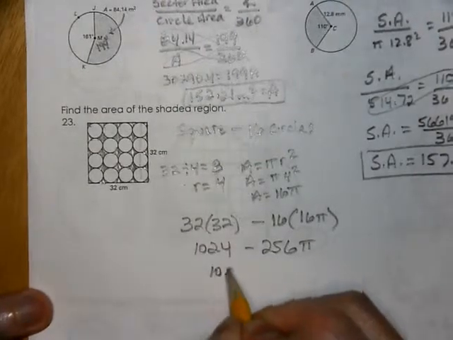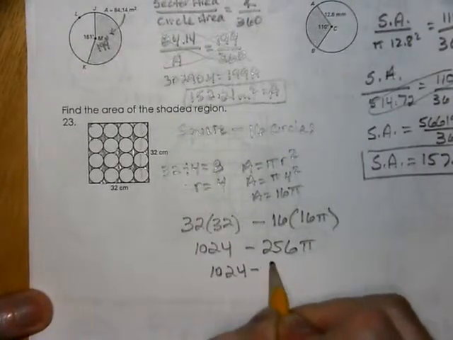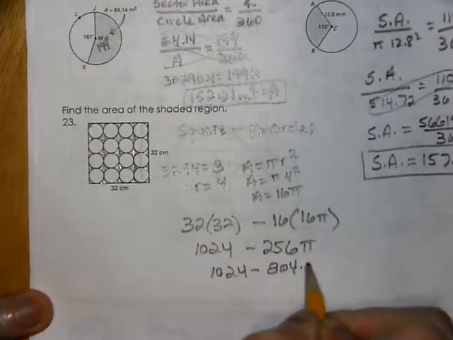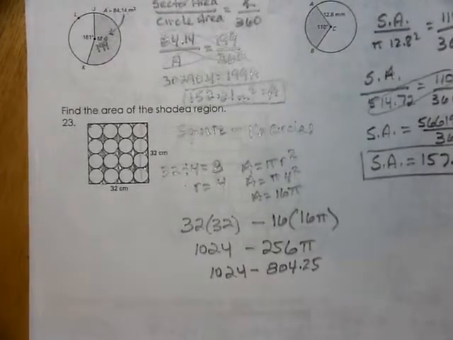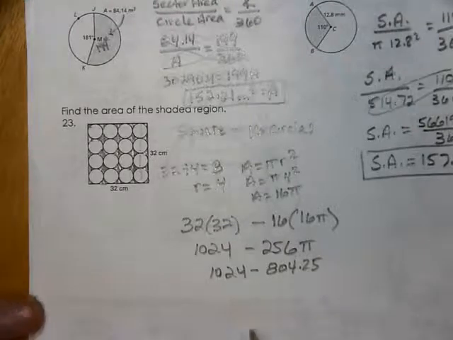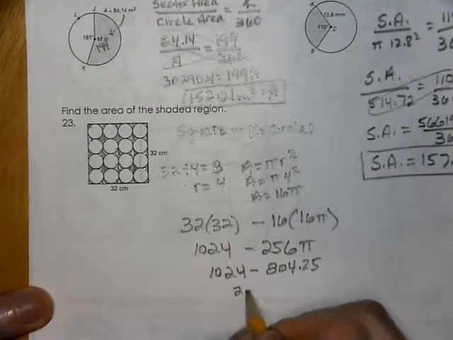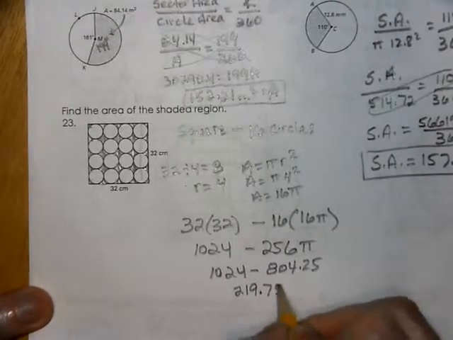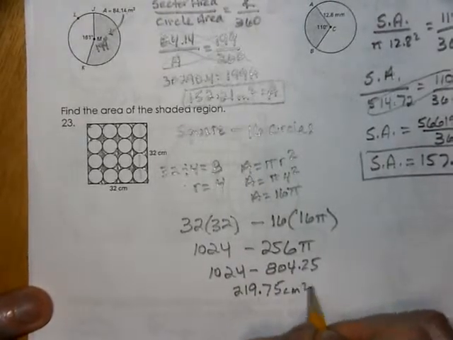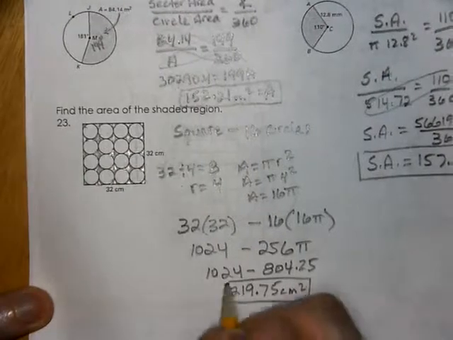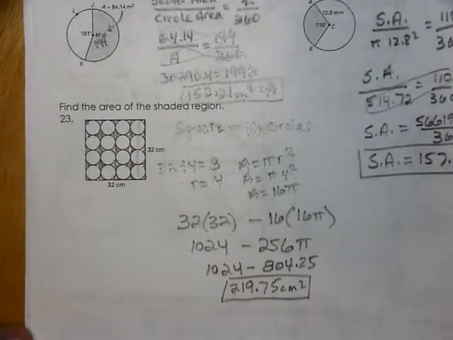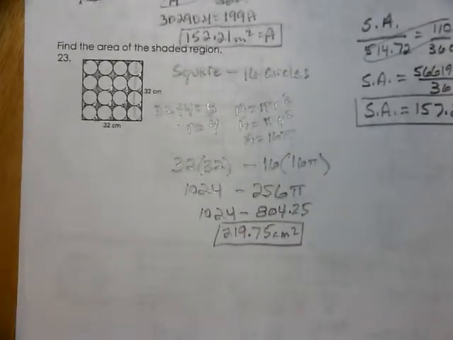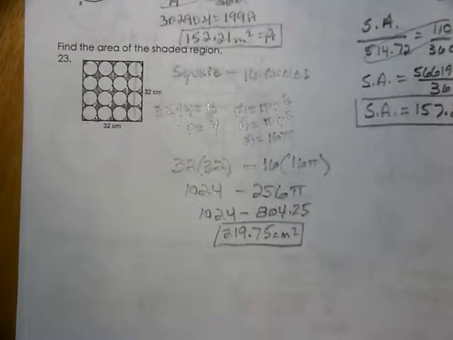Times that by pi. And we're going to get a final answer of 219.75 centimeters squared. That's the area of the shaded region in between all the circles.